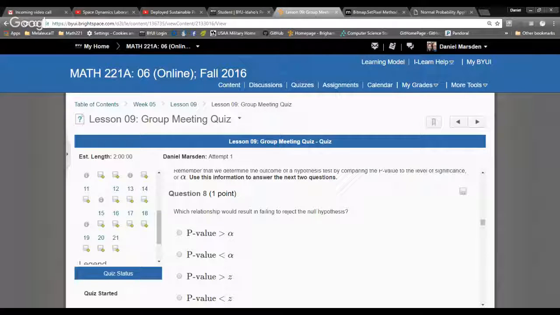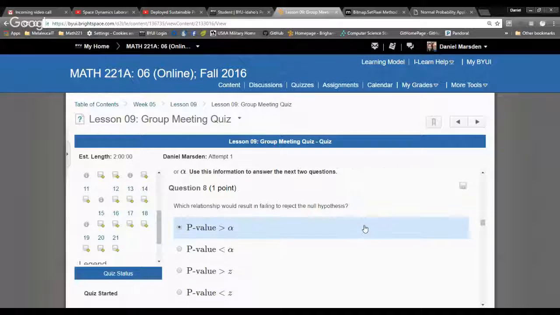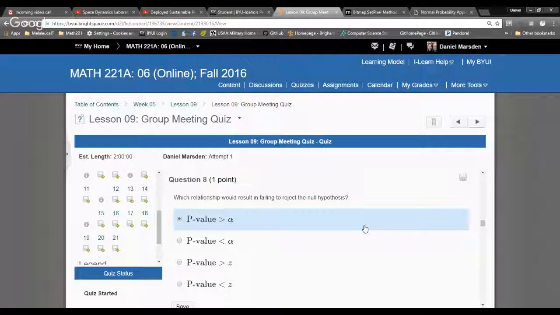Which relationship would result in failing to reject the null hypothesis? Ah, crap. Let's see. P-value is greater. Oh, this one's okay. Yeah, this one's A. Your p-value is your probability, so it lets you know if you have enough evidence to reject it, or if it's less than, then you do.